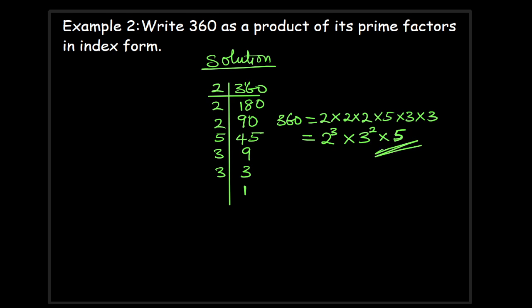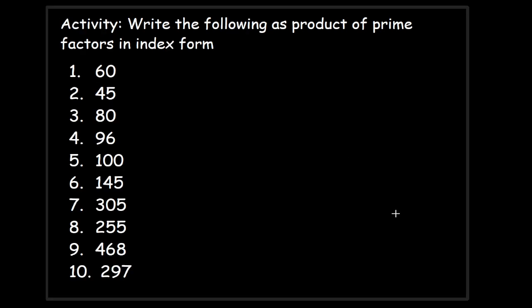So this is all we are dealing with when we talk about writing numbers as a product of prime factors in index form. We've added the index form to it. So you have activities here. Write the following as a product of prime factors in index form. Please carefully go through them. The ones that need you to carefully look at factors that can divide them, please go through it.